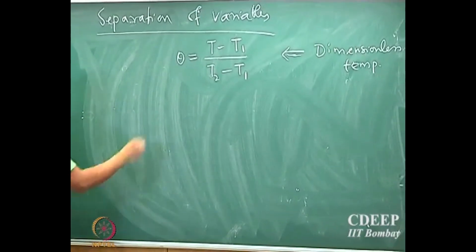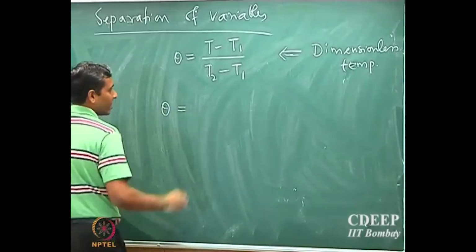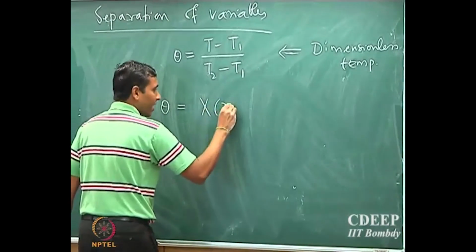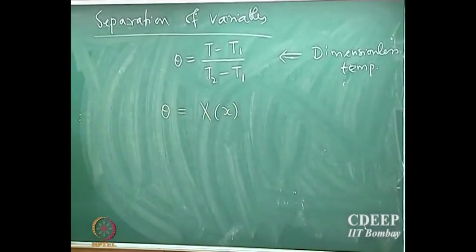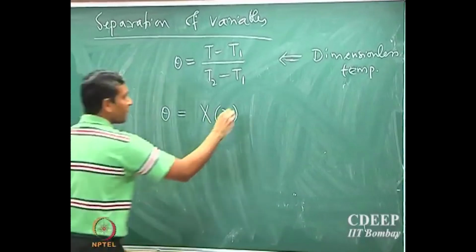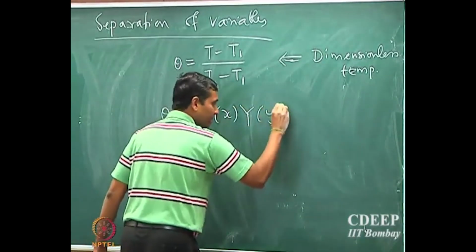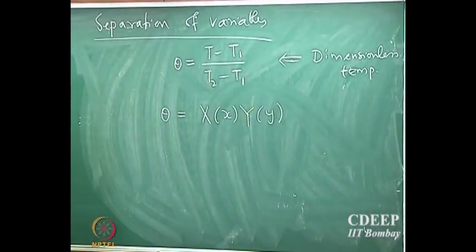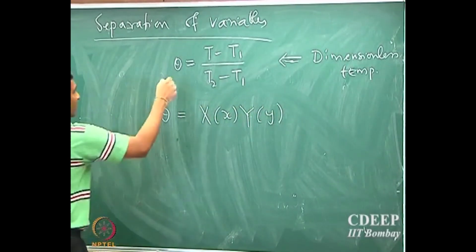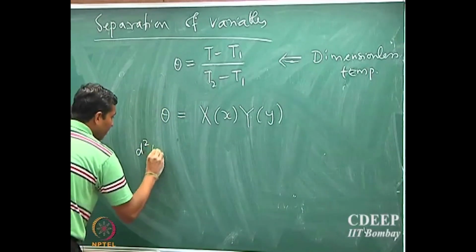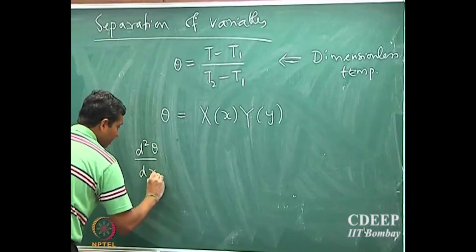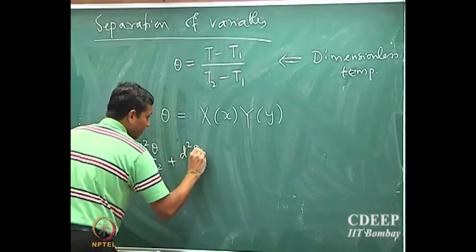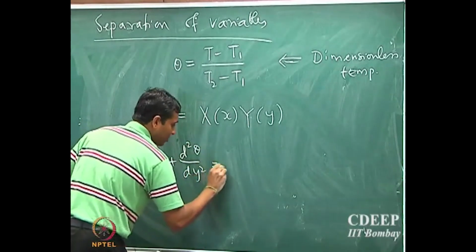Now we assume that theta equal to some capital X, which is a function of only x position, and another function Y, which is a function of only y position. Now I substitute this into the original model: d square theta by dx square plus d square theta by dy square equal to 0.